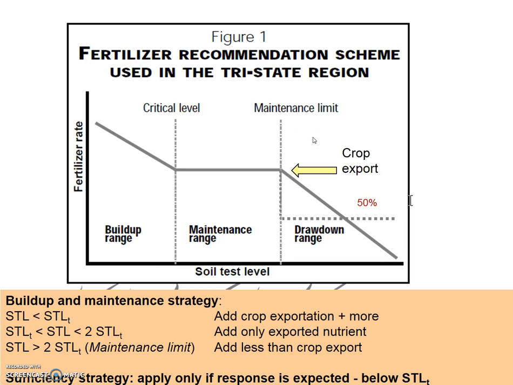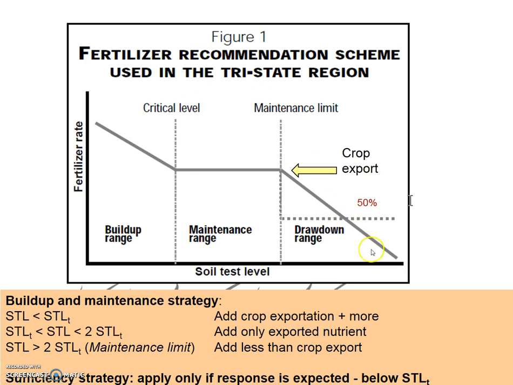In this picture, we see a diagram showing the build-up and maintenance strategy recommended in the three-state region of the United States. In this figure, we plot the fertilizer rate as a function of the soil test level, and we plot here a critical level, which is the threshold STL, and the so-called maintenance limit, which is twice the critical level.